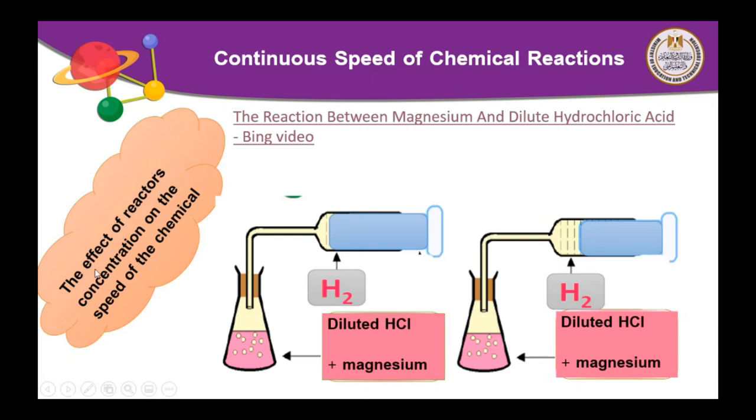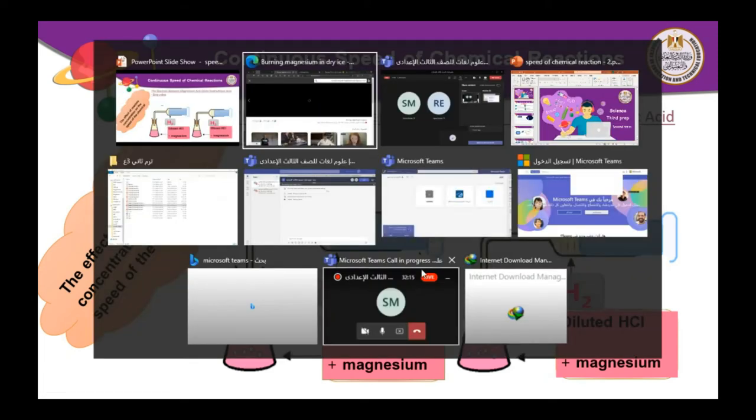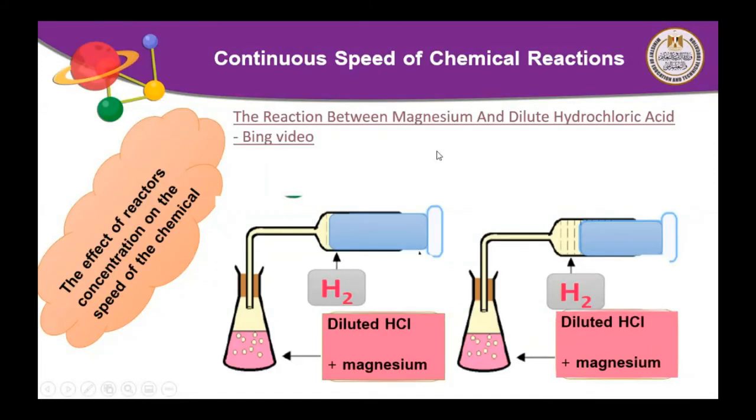What is the effect of concentration of reactant? Yes. The effect of reactant concentration on the speed of the chemical reaction.